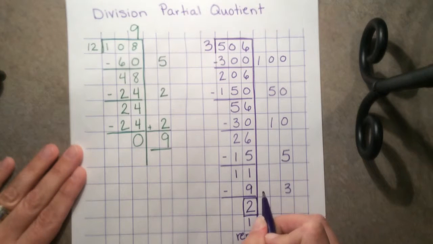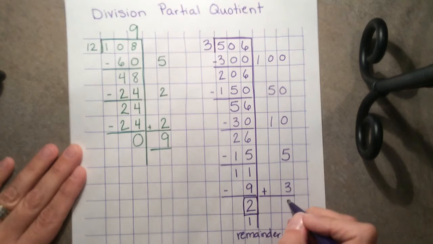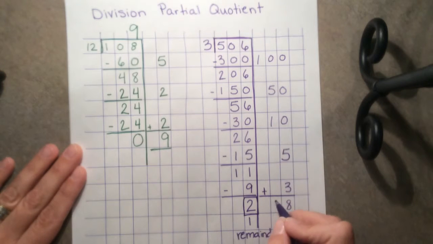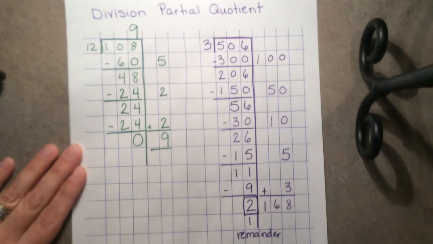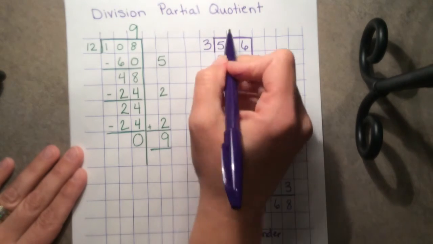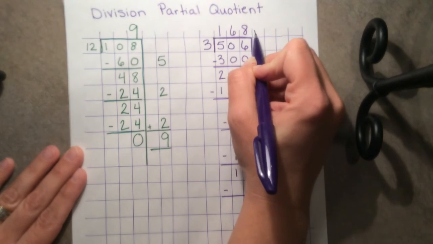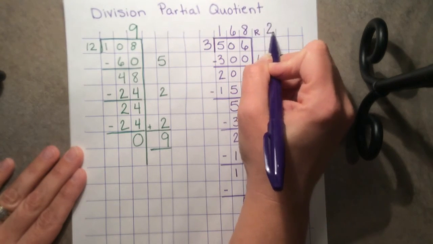Students then need to add their digits over here to find 8 and 6 and 1. Then with the remainder of 2. So my answer, 506 divided by 3, is 168 with the remainder of 2.